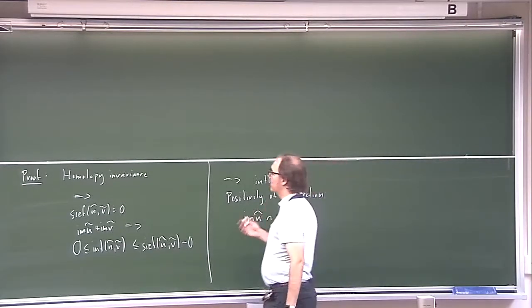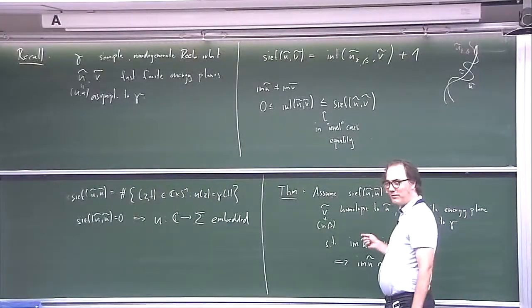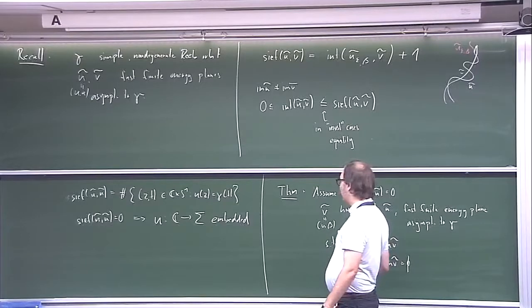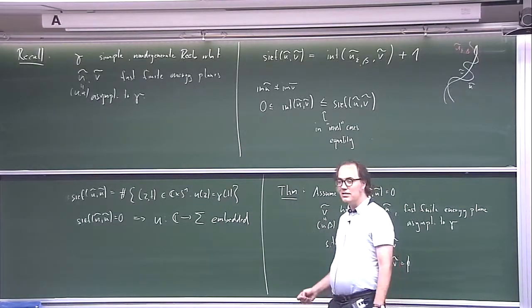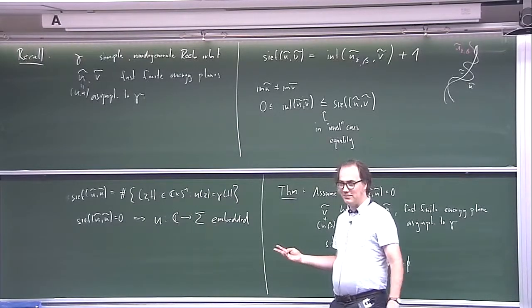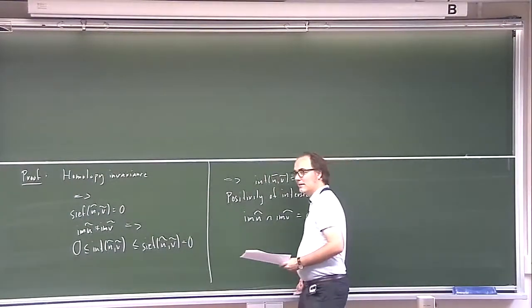So you always play with both intersection numbers. The advantage of the algebraic intersection number is that it has positivity of intersection, and the advantage of Siefring's intersection number is that it is homotopy invariant. And then, using this kind of scheme, you can prove many results.